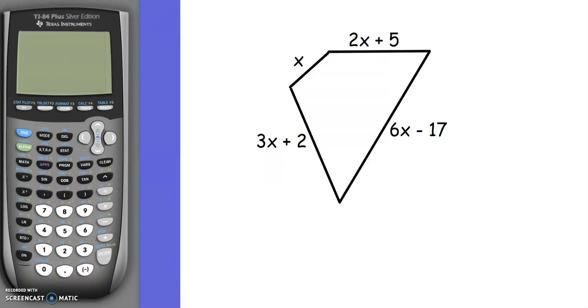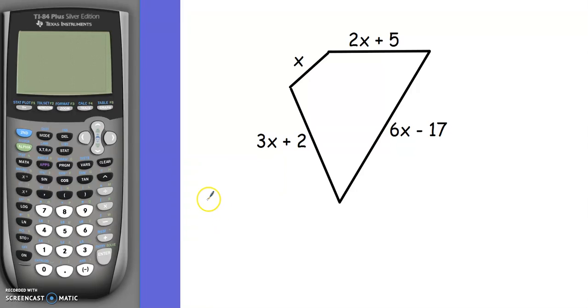So we're going to look at perimeter and writing an expression for perimeter for the figure below. To find perimeter of any figure, you are just adding up all the sides. So you add up this plus this plus this plus this.